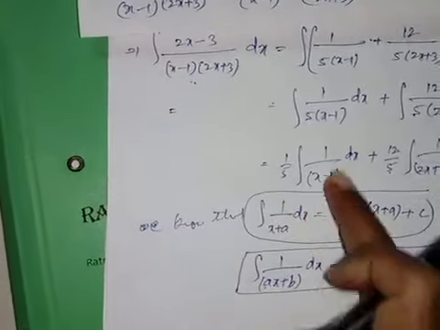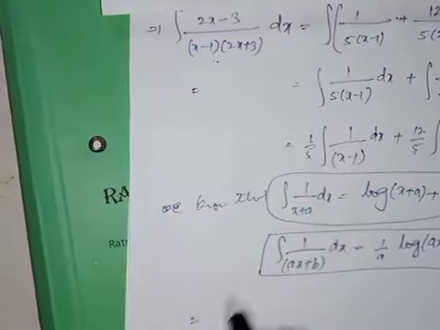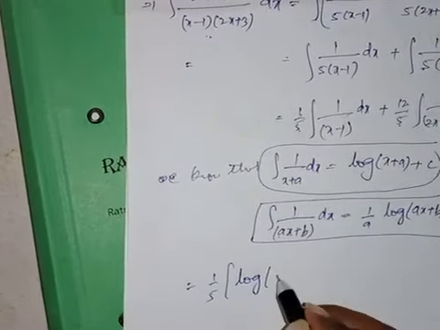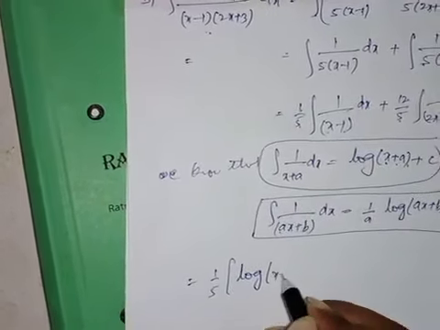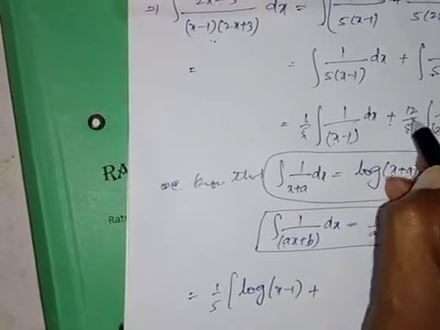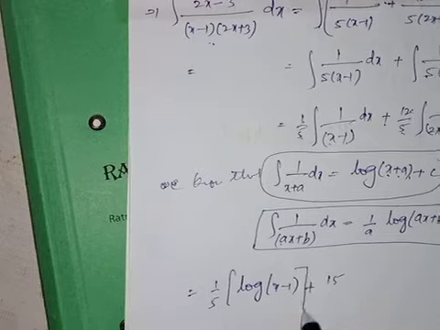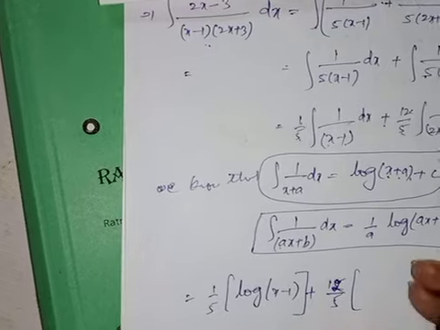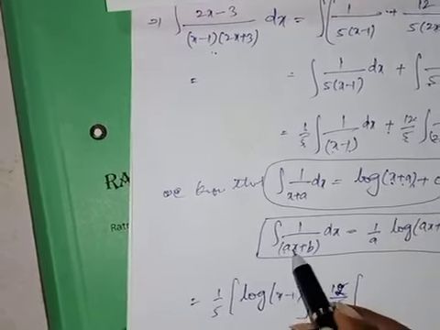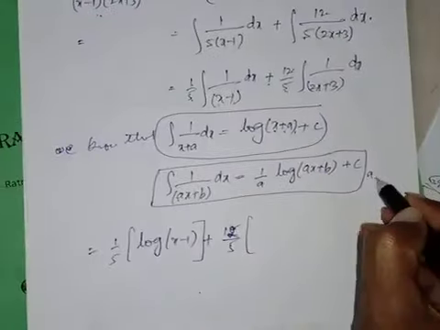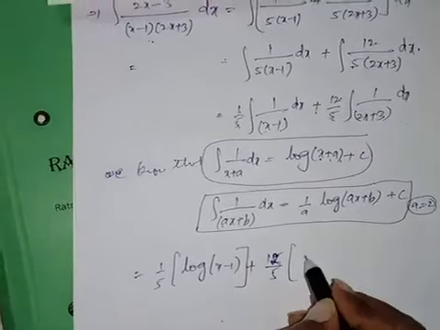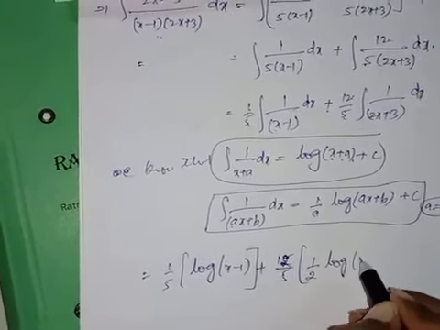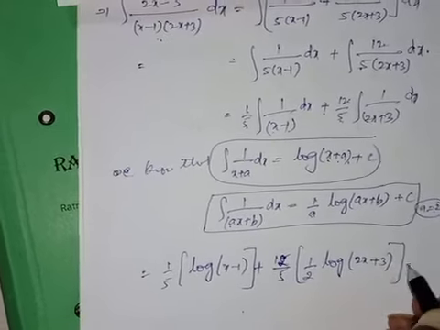Here the first one is the same, so it has 1 by 5 multiplication into log of x minus 1, since both denominators are equal to x plus a, here x minus 1. Plus here 12 by 5 whole into, here the x coefficient is 2, in the formula the x coefficient is a, so a is equal to 2. 1 by a, we know that a is equal to 2, so 1 by 2 log of 2x plus 3 plus c.